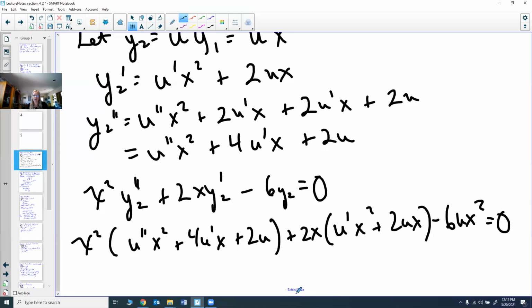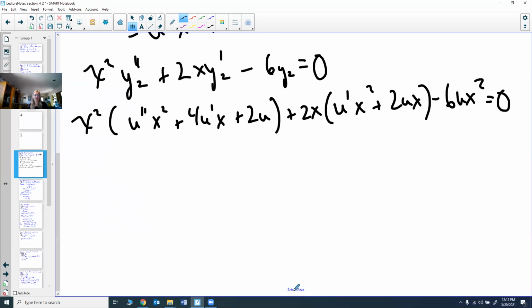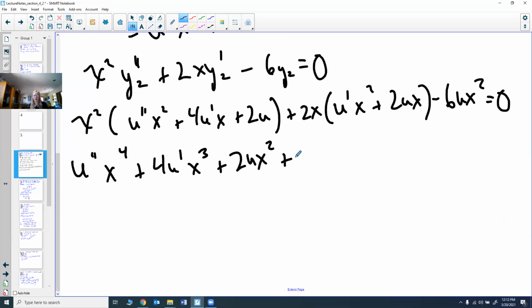So again, I'm now going to multiply everything together and collect any like terms. So I have a u double prime x to the 4th plus 4u prime x cubed plus 2ux squared plus 2u prime x cubed plus 4ux squared minus 6ux squared equals 0.